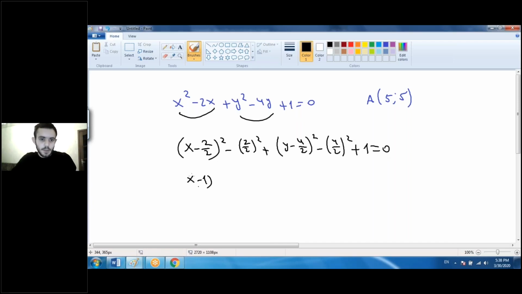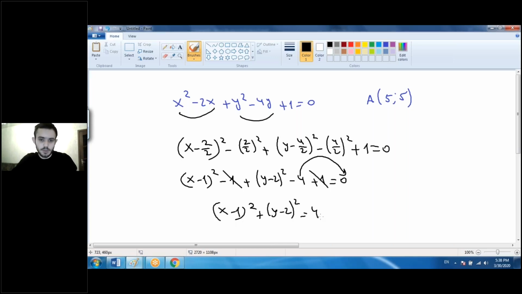So x minus 1 squared minus 1 plus y minus 2 squared minus 4 plus 1 equals 0. From this point, minus 1 and plus 1 can cancel out, and I will move minus 4 here. So we will have x minus 1 squared plus y minus 2 squared equals 4.